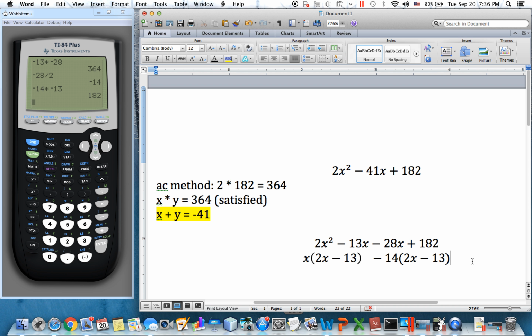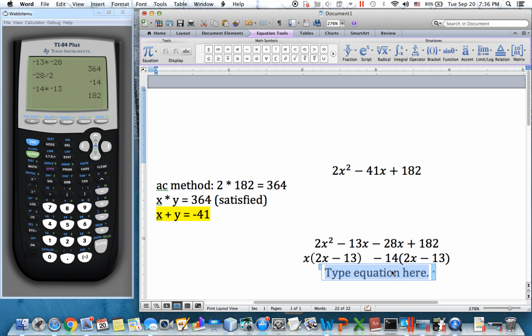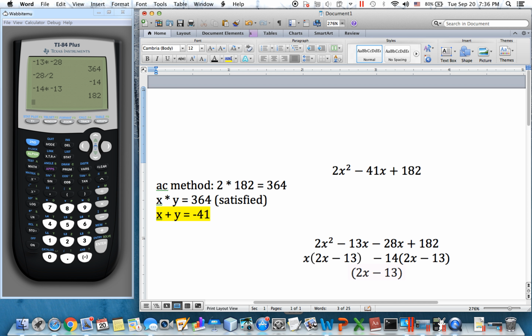Now what we need to do next is take the 2x minus 13 outside, because the whole thing has 2x minus 13 in common. So I take it out. What you have is x minus 14 left. So you're done.